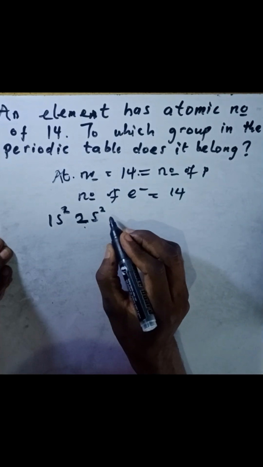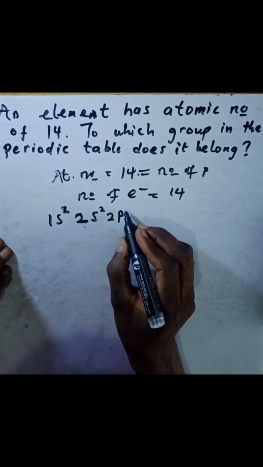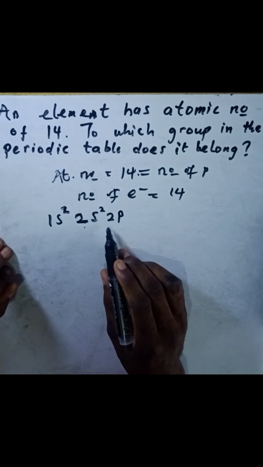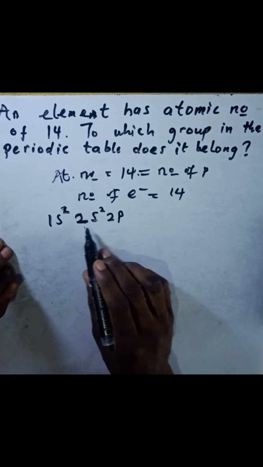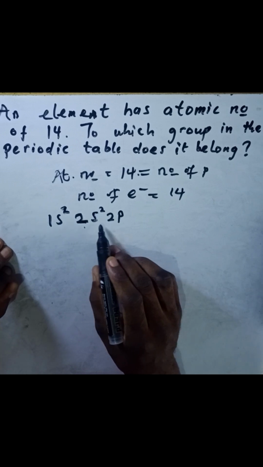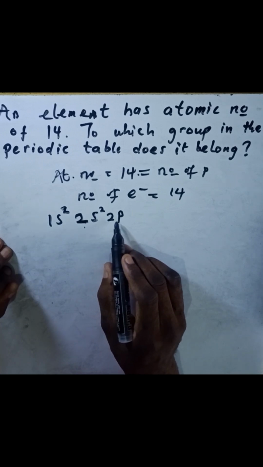Now you move to the 2p orbital. There is a particular rule that explains why the 2s orbital comes before this 2p.